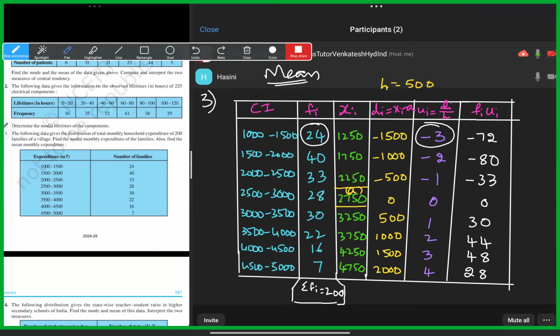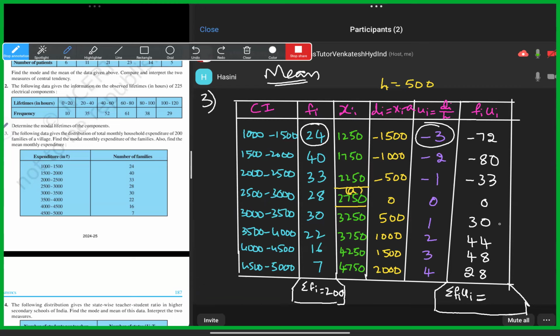Now sigma fi ui: it is the addition of all the values present in the fi ui column.